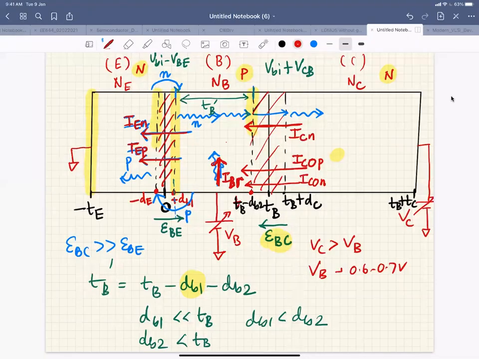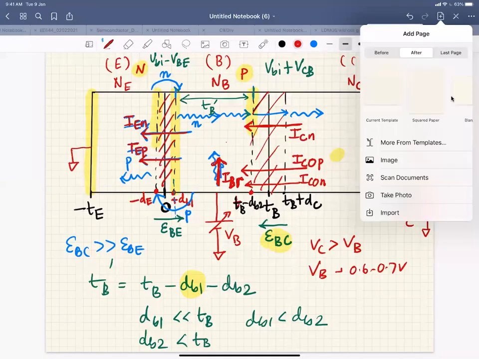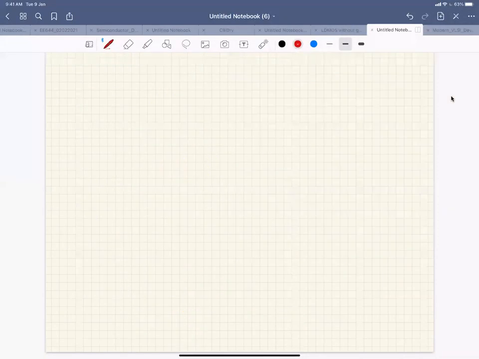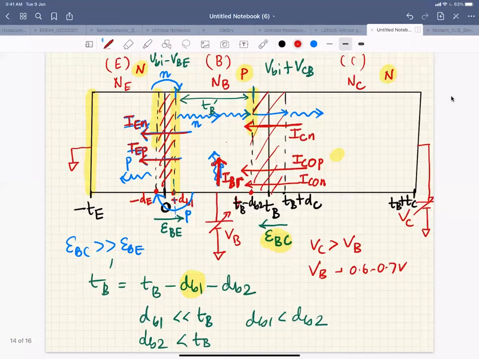So now, these are all the current components, right? Let me copy this.